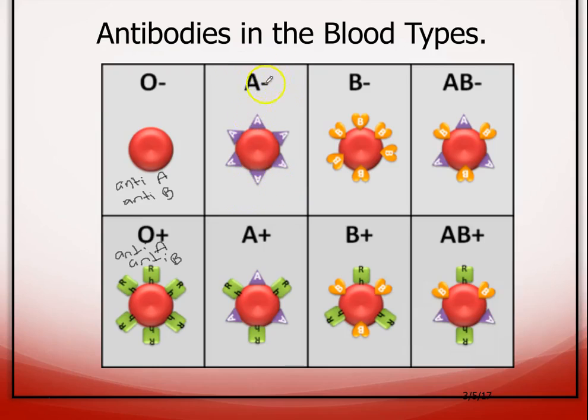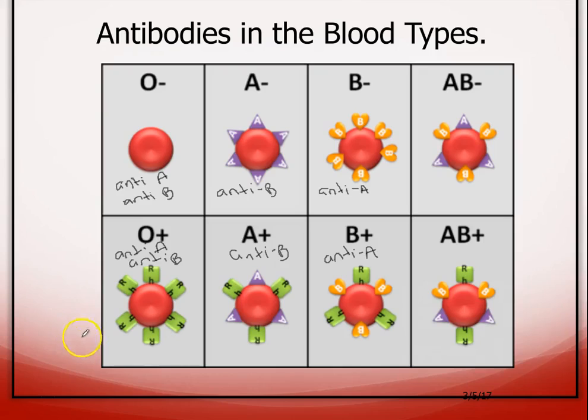Same thing here for the A negative. So the thing that is not it is anti-B. Same thing, anti-B. For the B type, it is anti-A. Again, anti-A. And then for AB, there are none.